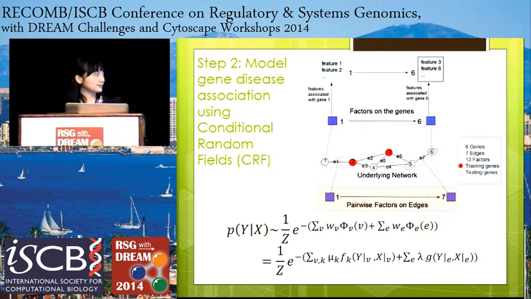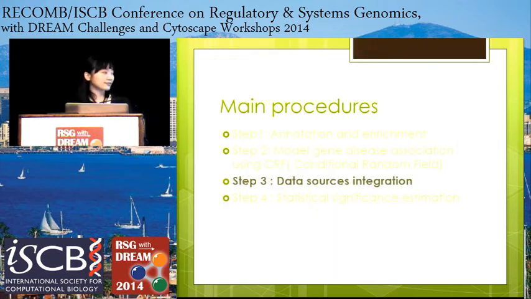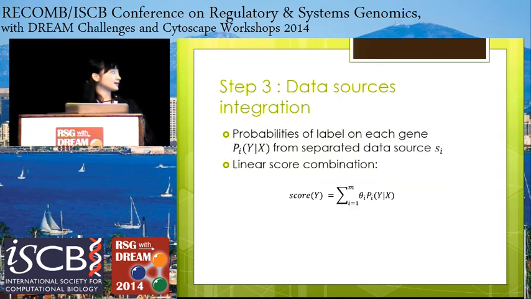And then we do a global inference to get the probability of the testing genes, like how likely they are related to the training genes, so how they relate to the diseases we're interested in. The third step is data integration.